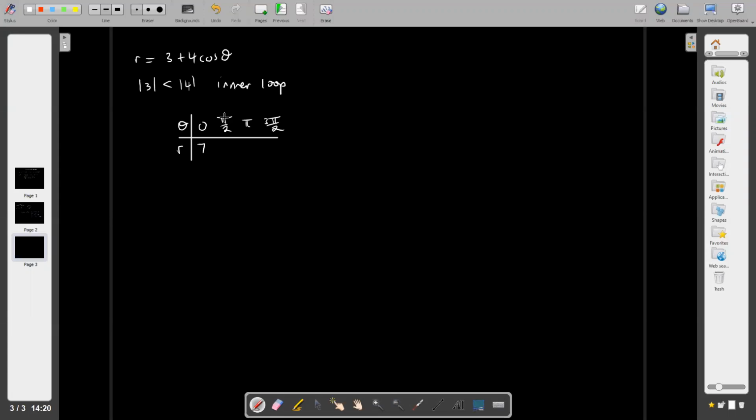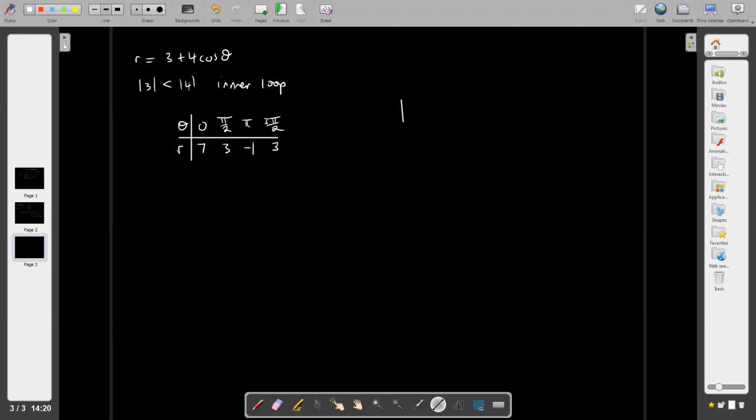When theta is pi on 2, cos is 0, so this becomes 3. Likewise at 3 pi on 2. When theta is pi, cosine is -1, and so 3 take 4 is -1. That negative is going to tell us where the inner part is.